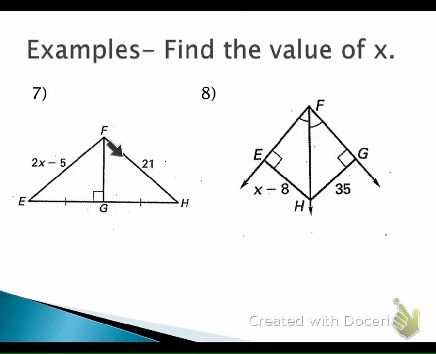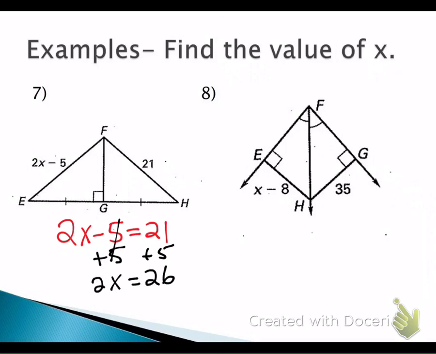What do I know about these two guys? They're congruent. This is a two-stepper. Yep, you got to undo the adding and subtracting first. And then you undo the multiplying or dividing. X equals 13.